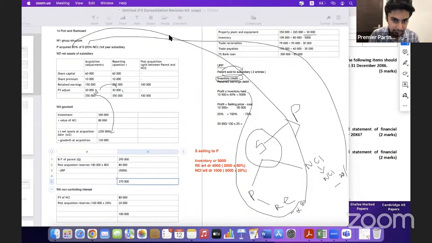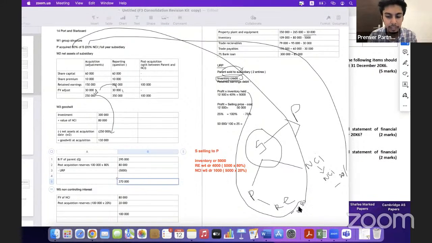Here, in these areas, if the subsidiary is selling to the parent, these are the areas where you have to adjust, right? Now, subsidiary is selling to parent, what? Stock. That's why from stock, we are removing 5,000. Now, ask yourself, if subsidiary sells to parent, subsidiary makes the profit, no? When subsidiary is making a profit, he gives a share to parent.